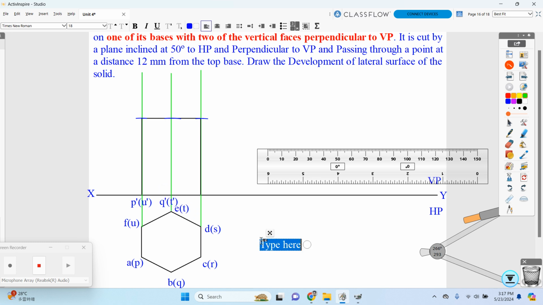Then the third point, R dash of S dash. Then on the top is your A dash of F dash, A dash of F dash. Then over here B dash of E dash.